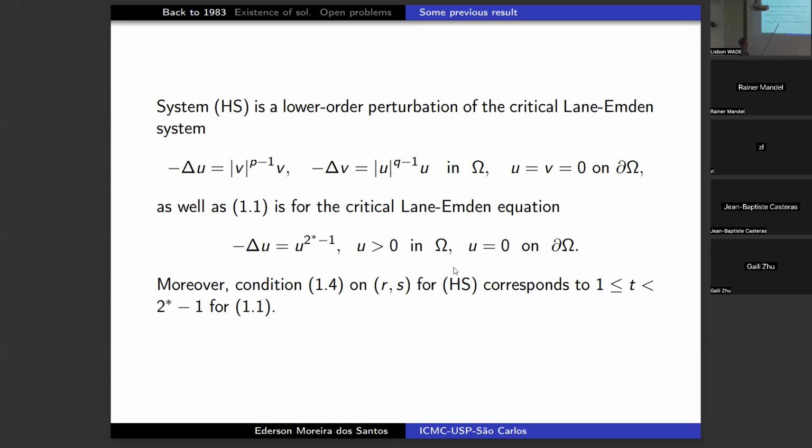And the condition 1.4 on the pair R, S corresponds to t equals 1, or larger than 1 and subcritical, in the Brezis-Nirenberg equation.